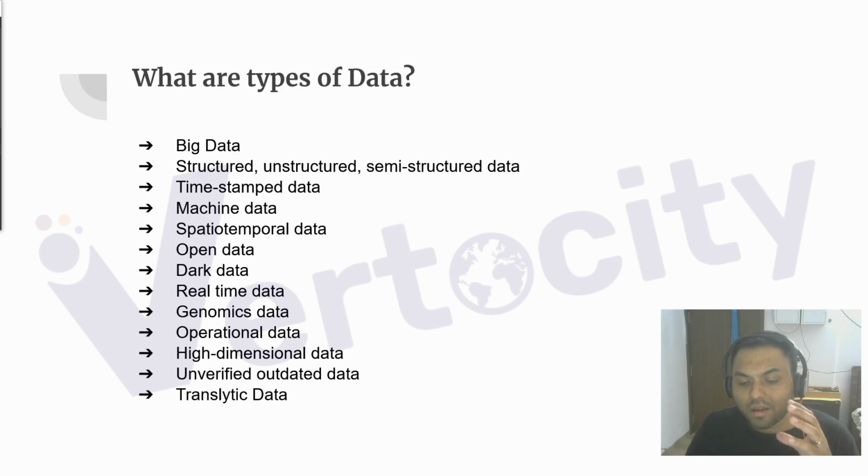I think it's pretty clear, guys, what these three broad categories represent. Structured means you think of a table. As a rule of thumb, it is something that you can store in a table, maybe an Excel sheet, maybe a SQL database, maybe some form of table.